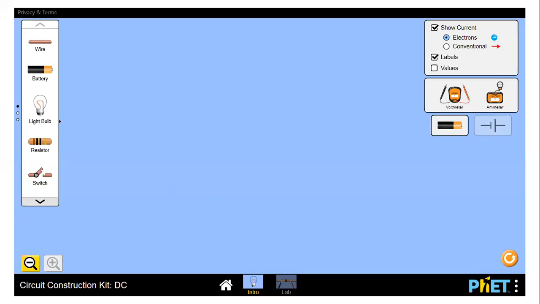Okay. Now, coming back to this, let us take a circuit. This is a battery I'm having.